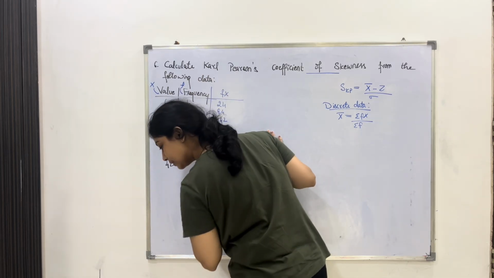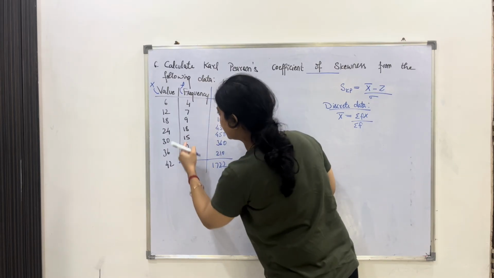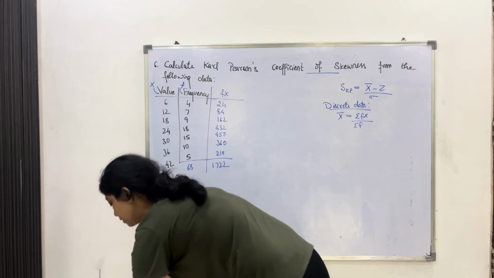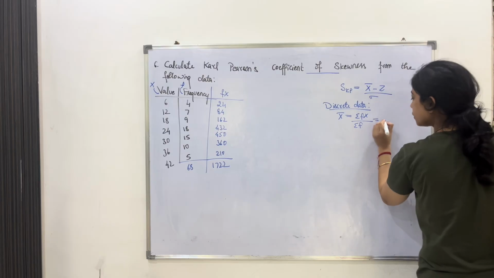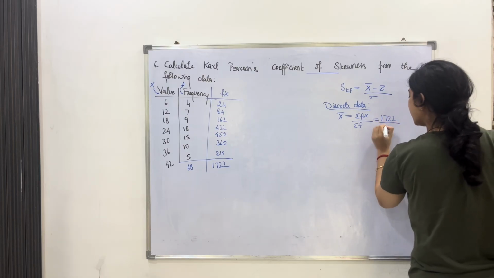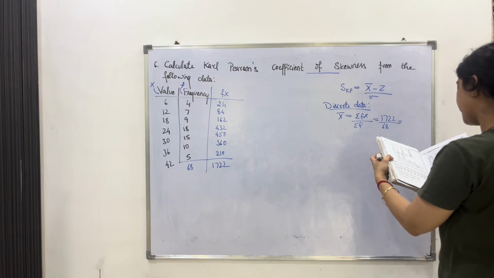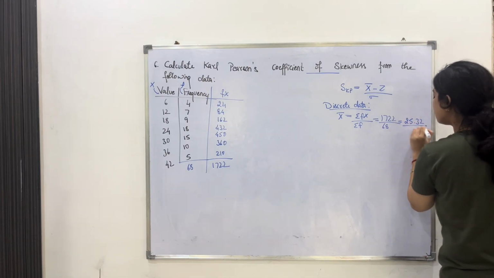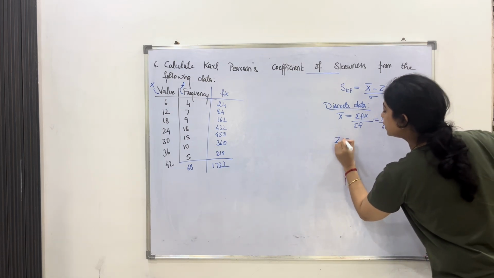And the total of this is 1722. And also we need the total of frequency, which is 68. Substituting back in the formula, 1722 divided by 68, we are going to get 25.32. So this is the answer for mean. Now we need to calculate the mode. Now what is the mode for discrete data?